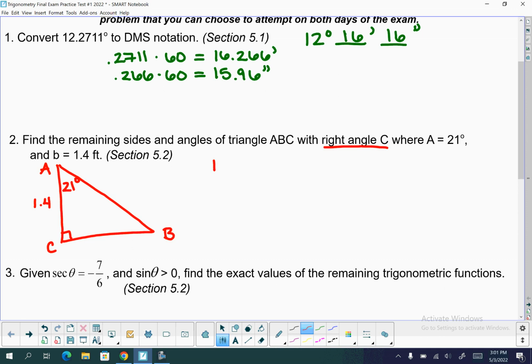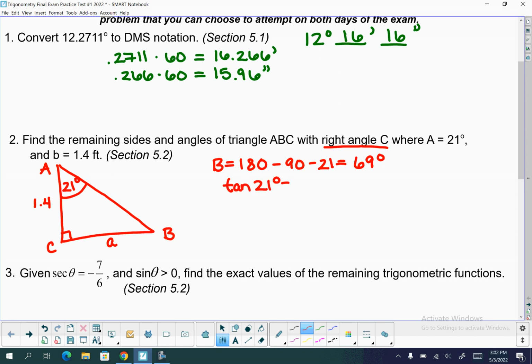To get angle B, we know that all of our angles in our triangle add up to 180. So 180, take away the 2 that I have, is going to give me 69 degrees. To get side A, I'm going to use my given angle, 21 degrees. A is opposite, 1.4 is adjacent, so I can use tangent.